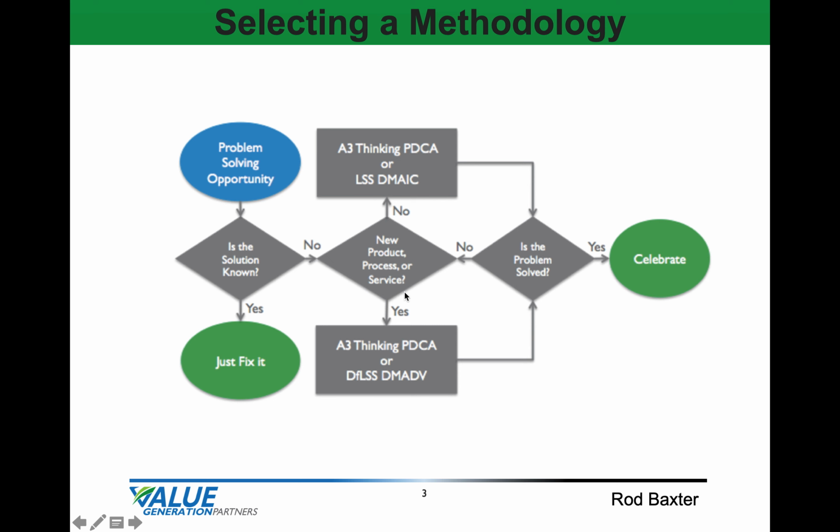If the answer is yes, we still may use A3 thinking PDCA, or we might use Design for Lean Six Sigma DMADV. It depends on the complexity of whether you use A3 thinking or the Six Sigma methodologies. Now, either way we'll determine, is the problem solved? If the answer is no, we go back to this decision-making process and continue the work. If the answer is yes, we should close out and celebrate.